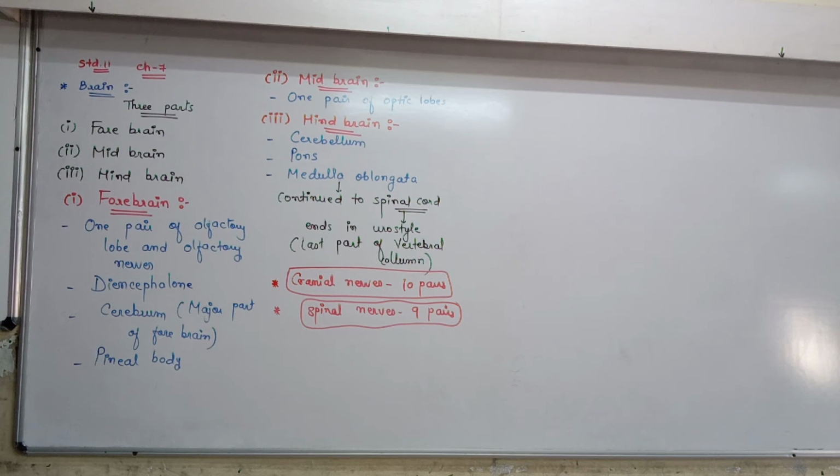Medulla oblongata passes out through the foramen magnum. Foramen magnum is the largest opening, situated on the posterior part of the cranium.